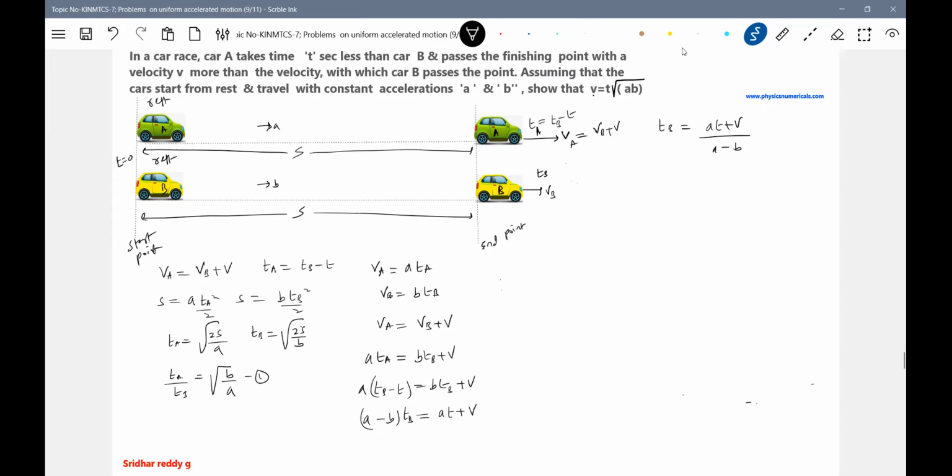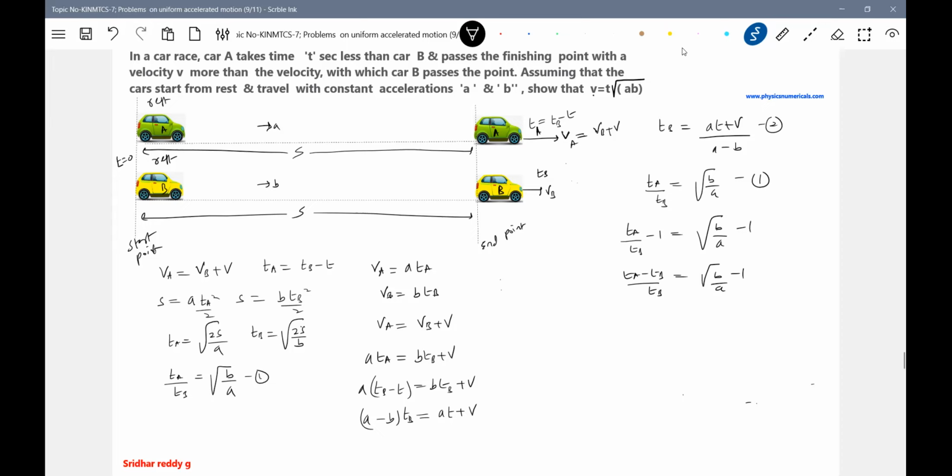Okay, I'll go for this equation, this is equation 2. So let me take equation 1. TA by TB is equal to root of B by A. This I'll adjust: minus 1 on both sides. We'll see what we get. So TA minus TB by TB is equal to root of B by A minus 1.